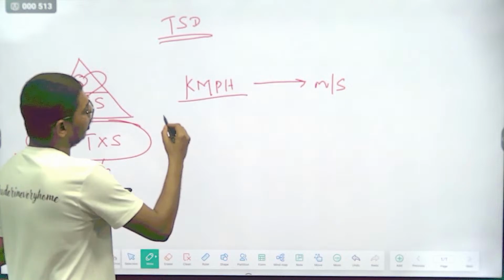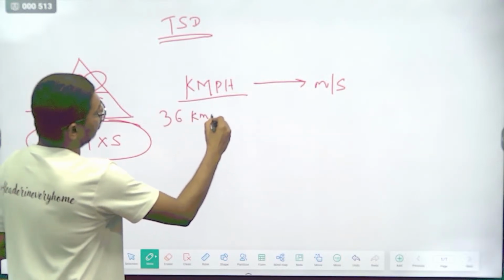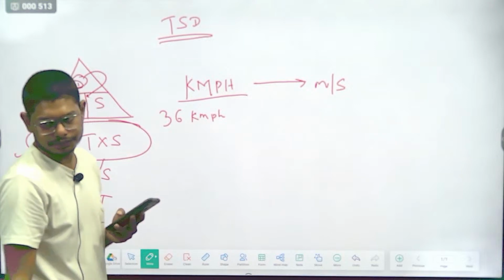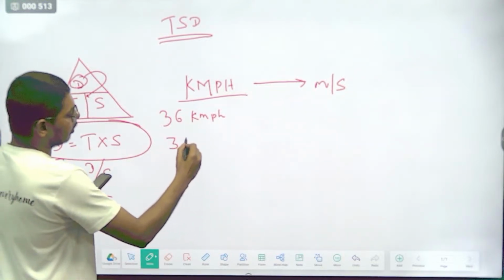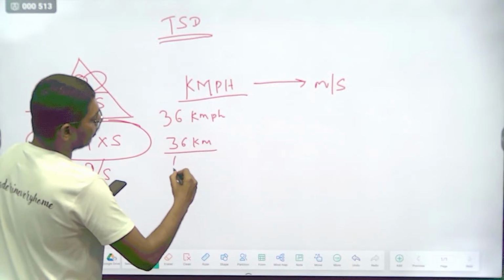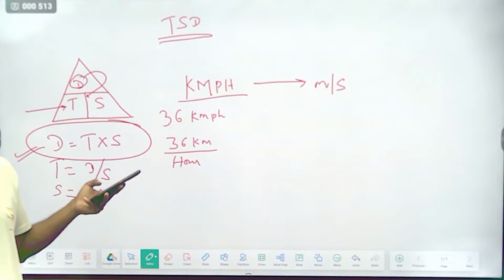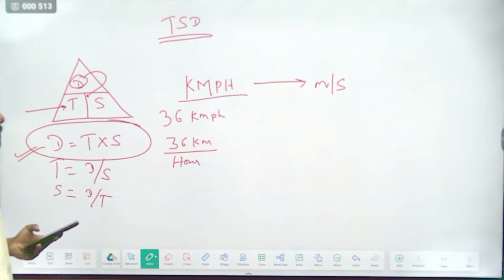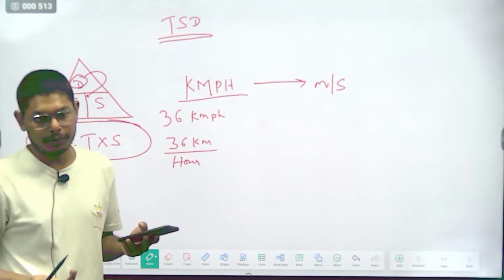Why does it happen? If I am saying 36 kilometer per hour, I just want to give you a simple logic, rather than mugging up 5 by 18, 18 by 5, and getting confused.